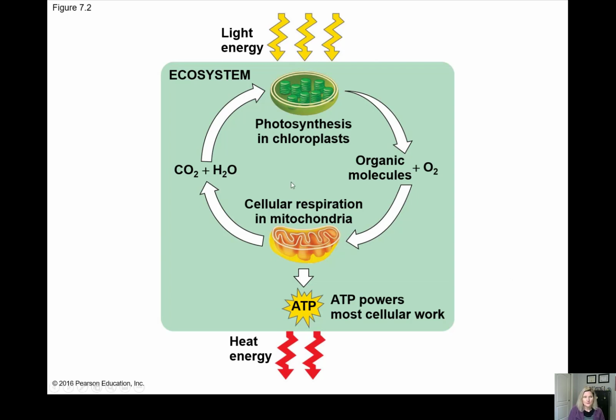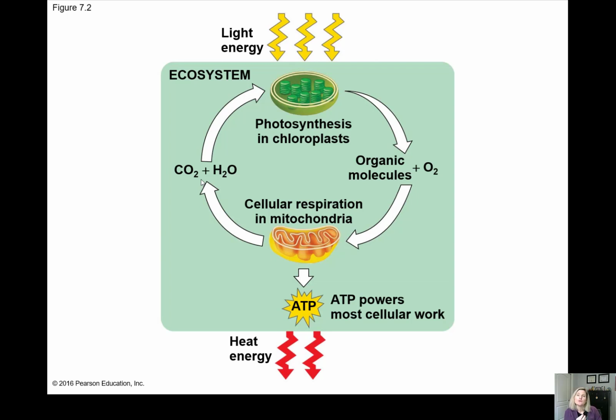So the plants, they're going to be inside the chloroplasts of their plant cells. They will be catalyzing that photosynthesis reaction with the help of the light energy from the sun. So that plant is taking the carbon dioxide, which it takes in from its surroundings through these little pores in its leaves called stomata, and then it absorbs water from the roots.